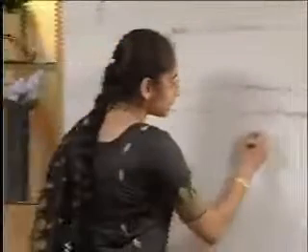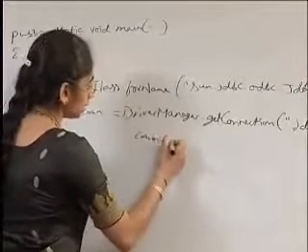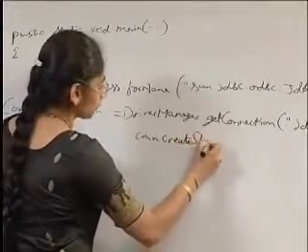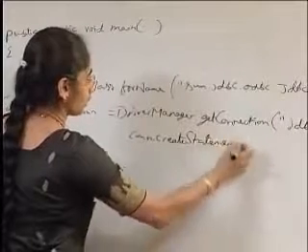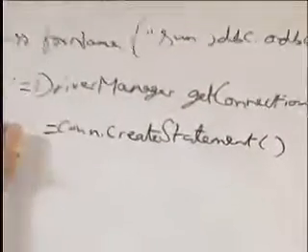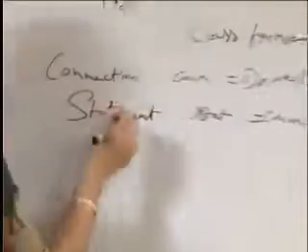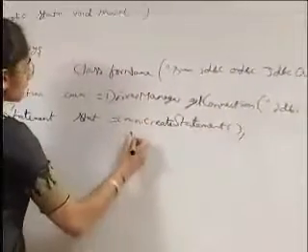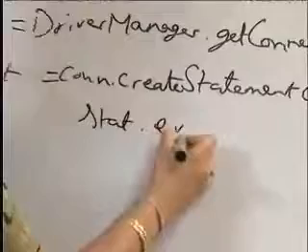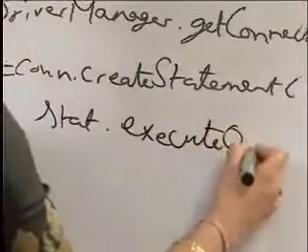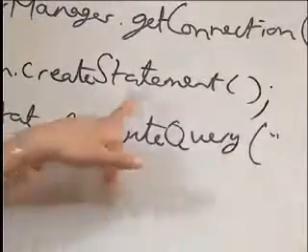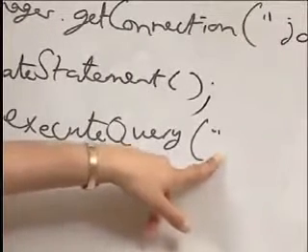Then using the connection object, we will call the createStatement method, which returns a statement object. Next, using the statement object, you call executeQuery. Here you pass a string, because remember we are using the createStatement method. You have to pass the query string to your execute method.